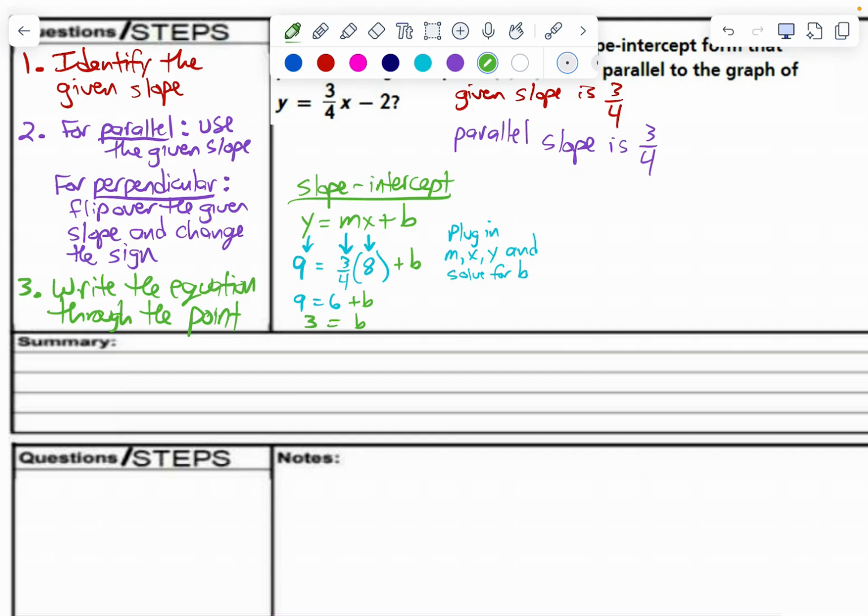All right, now that we know b, and m, we're pretty much done at that point. So write the equation y equals mx plus b with m and b plugged in.